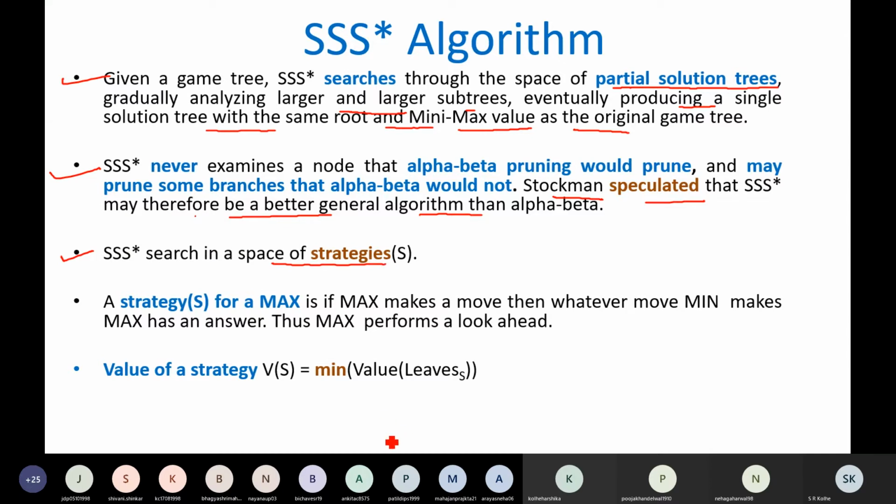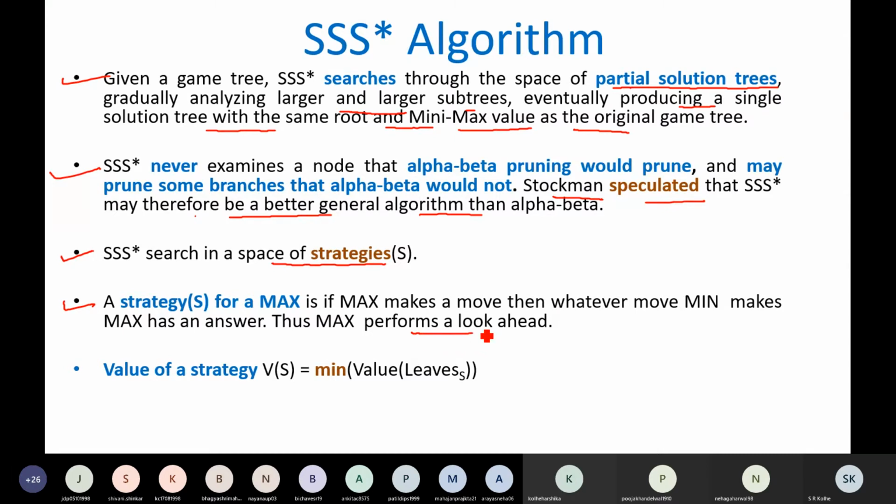Okay. So, how to define the strategy? Let us come to that. A strategy S for a max node is: if max makes a move, then whatever move min makes, max has an answer. Thus, this max player will perform a look ahead. This is very important.